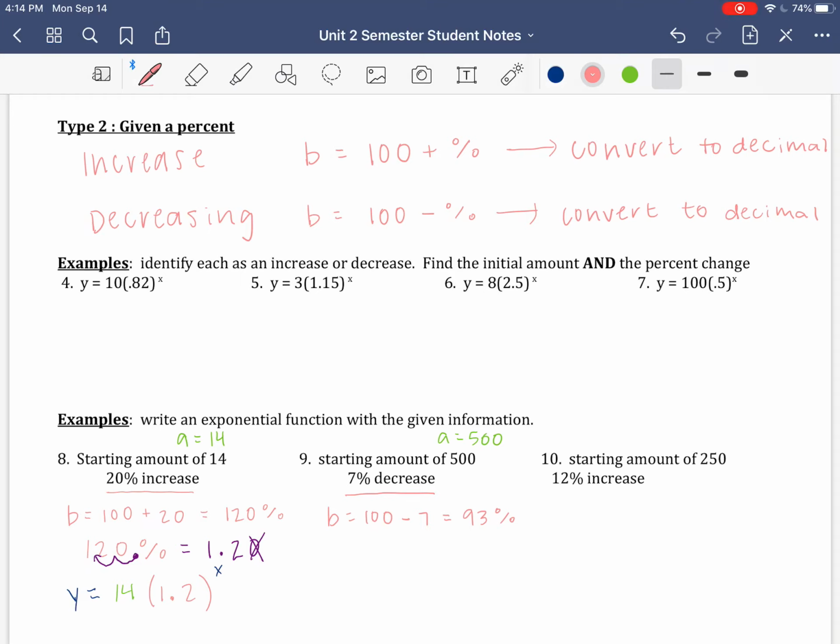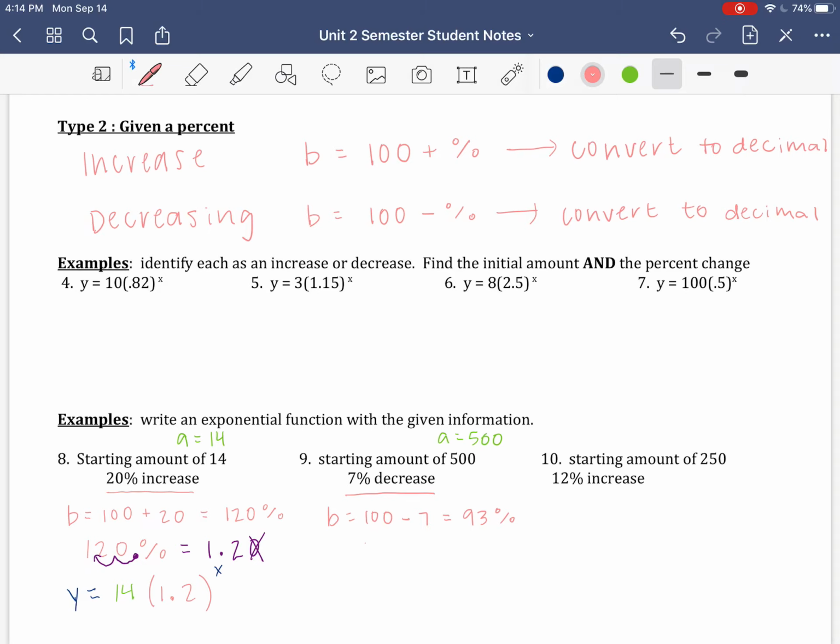In example number 8, we keep all of what we started with and add 20% to make it grow. In this example, if we're losing 7% every time, we're keeping 93. So that will keep our value below 1, so that when we're multiplying by 93%, once we convert it to a decimal, it will give us the correct decay pattern.